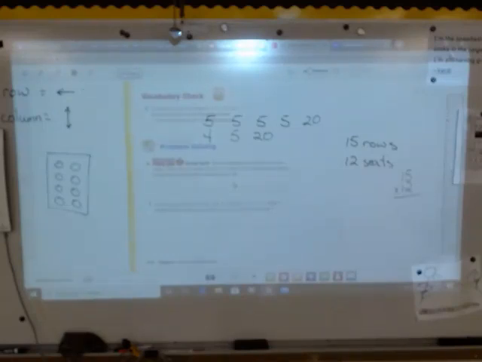Just work on that. If you want me to check that your rows and your columns are correct, I can do that too. You're just not sure what you're doing right away.